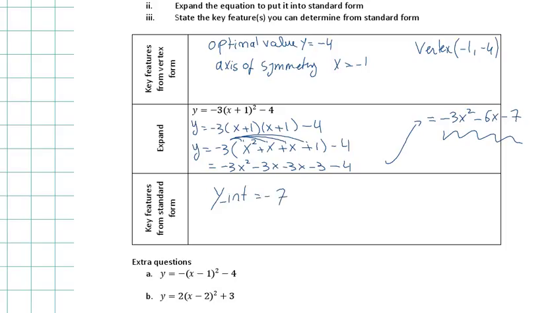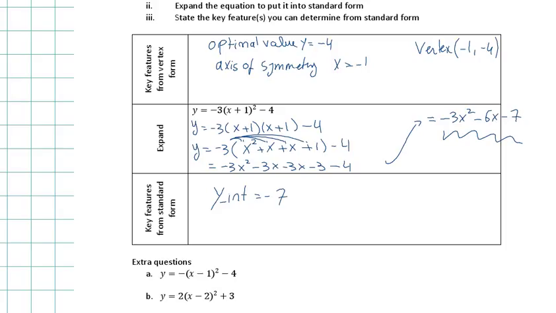Very important to know what form you are looking at and what information each form can give you, because later on when we do word problems, if they ask you for the maximum value or for the optimal value, which form do you want it in? Vertex, because vertex gives you your optimal value. If they ask you for your initial or your y-intercept, which form do you want it to be in? Standard. So this will help you answer the questions later on when we do word problems.